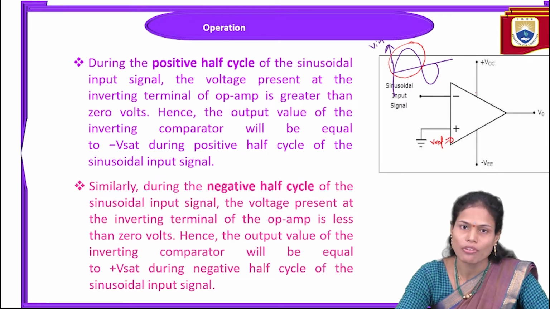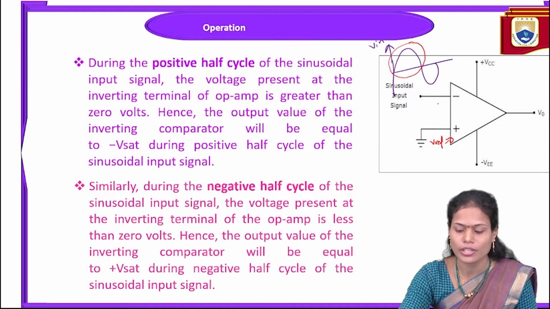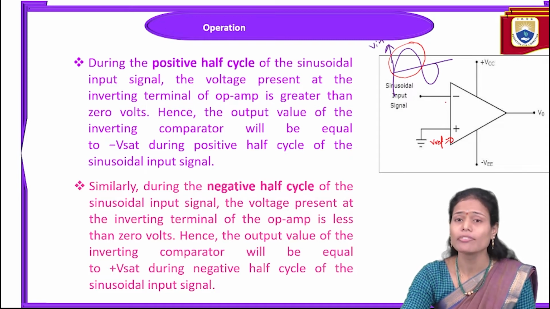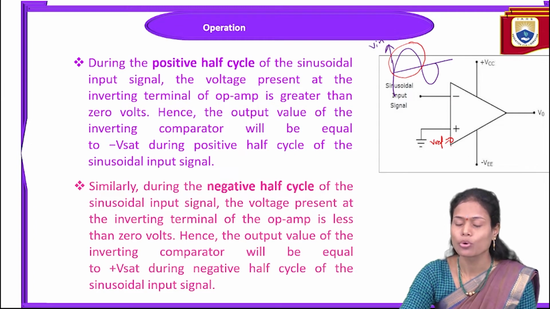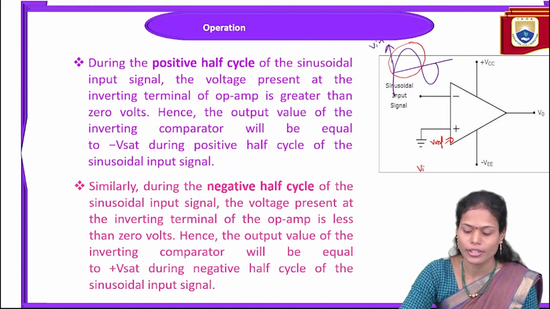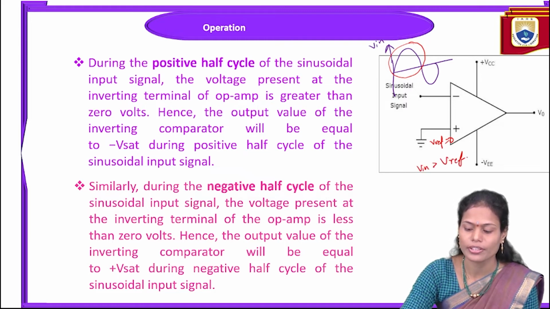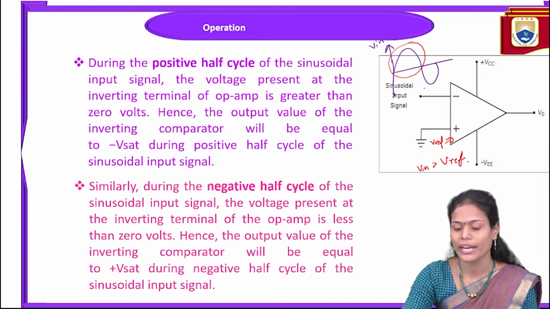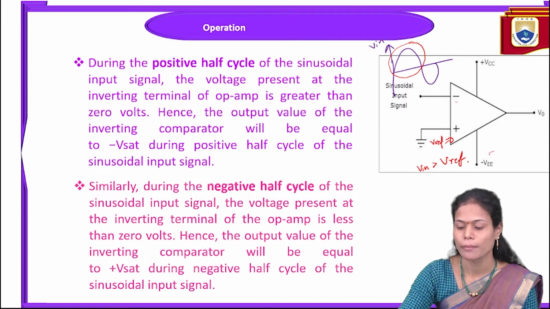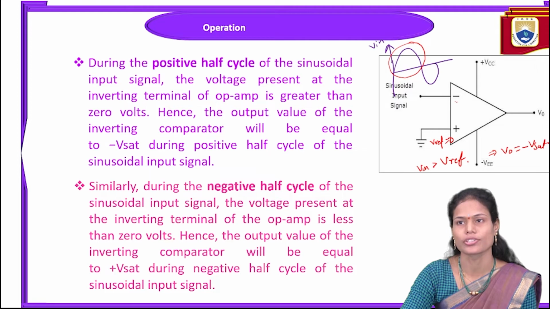During this positive half cycle of the sinusoidal signal, the voltage at the inverting terminal of the operational amplifier is greater than the voltage at the non-inverting terminal. That is nothing but V in is greater than V reference here. But my V in is connected to the inverting terminal, so my output in this condition is minus V saturation.